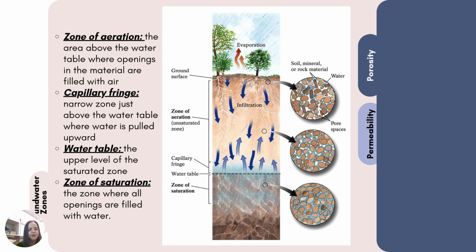And after the water hits the water table, because it's a saturated zone, there's higher pressure there. And so there's a narrow zone where there's upward pull, but gravity ultimately wins and pulls the water down below the water table. The water table is the upper level of the saturated zone.